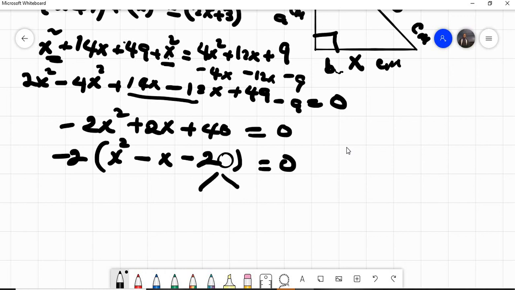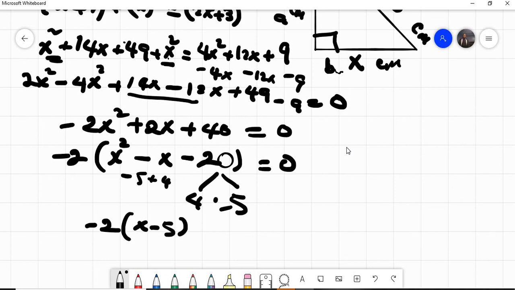When we multiply is negative 20, then when we add is negative 1. 4 and 5 we know is 20, and then which sign do they have? 5 must be negative, yeah, negative 5. So inside will be negative 5 plus 4 to get negative 1. Then if we multiply it's negative 20. So we're gonna group negative 2 times x minus 5 times x plus 4 equals 0.